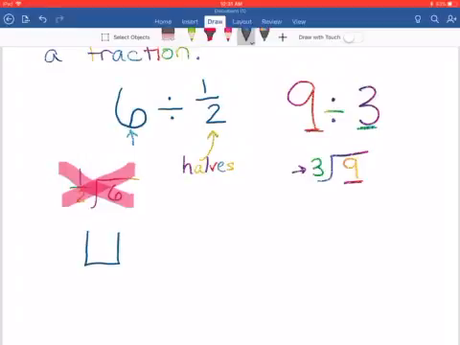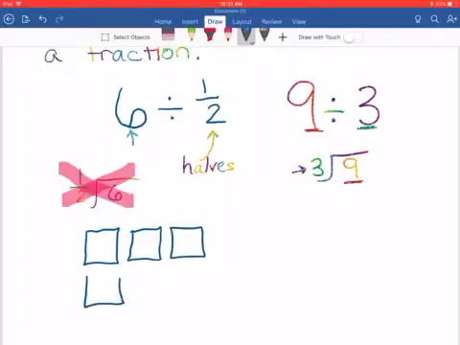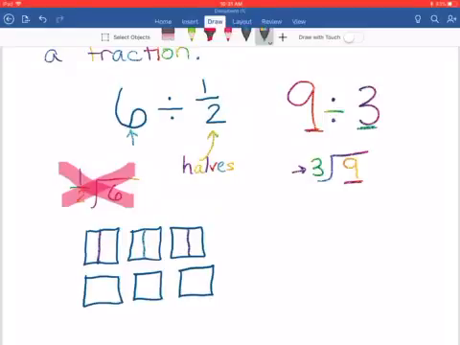So I am going to draw my 6 whole pieces. 6 whole boxes or square candy bars or something. Rice Krispie treats, let's go with that. And then I'm going to cut them in half. Okay, how many halves do I have?